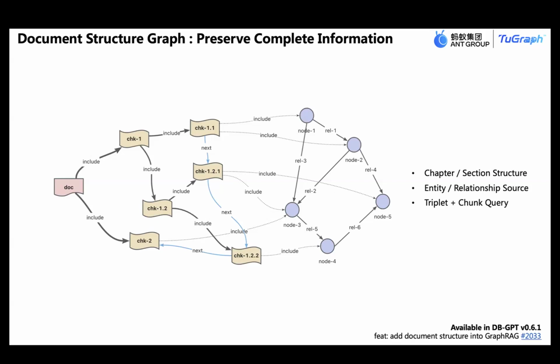First, we keep the chapter and the section structure in the knowledge graph, and record the entity and the relationships to the source to combine the chunks and docs. So using this method, we can upgrade the query of triplets to triplets plus chunk query.